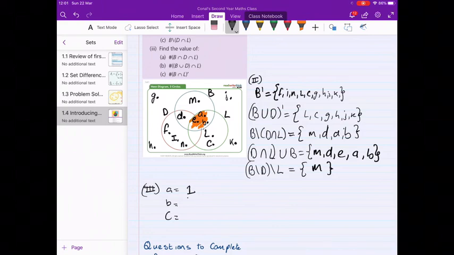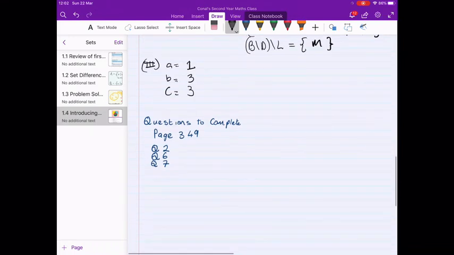So that has a cardinal number of 3. And we have the cardinal number of B intersection L. So the cardinal number of B intersection L is again actually just those 3 again. So we just have 3 and 3. I should be erasing that. Okay, and that will do us for that.